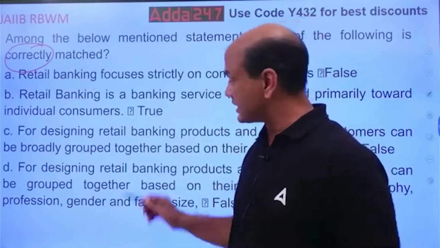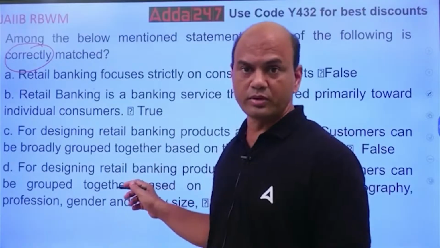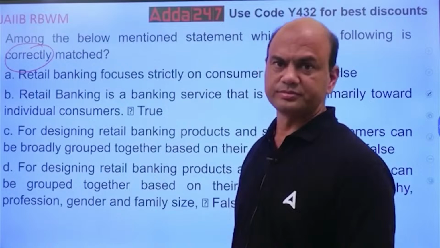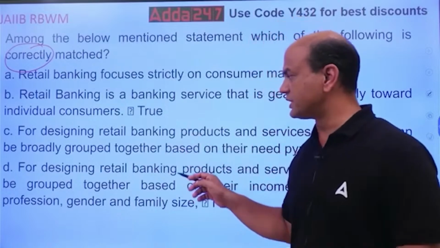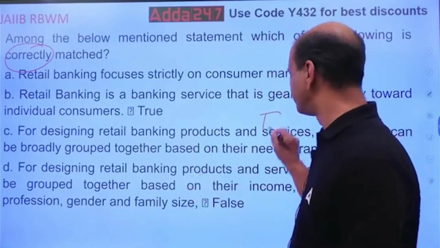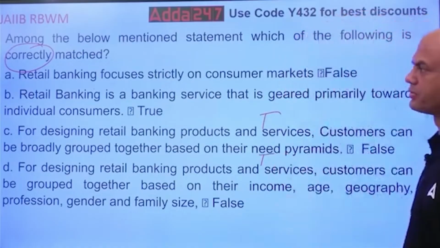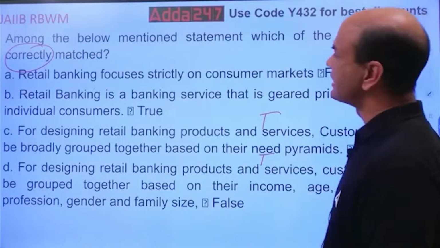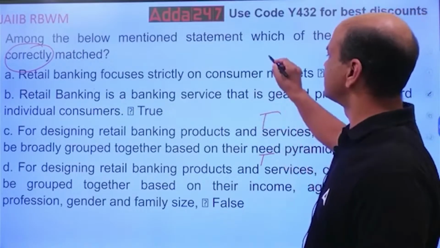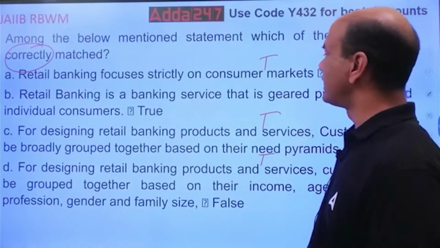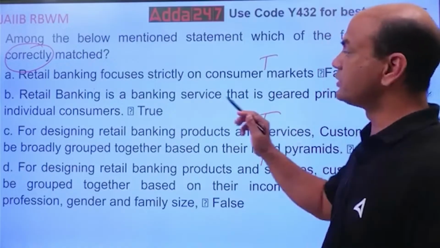Correctly matched. Statement should be either true and true, both true, or false and false. C and D, if you see, the statements are true, but the matching is false. So these are out. Retail banking strictly focuses on consumer market. This is true, but matching is false. Out. Retail banking is geared primarily towards individual customers.